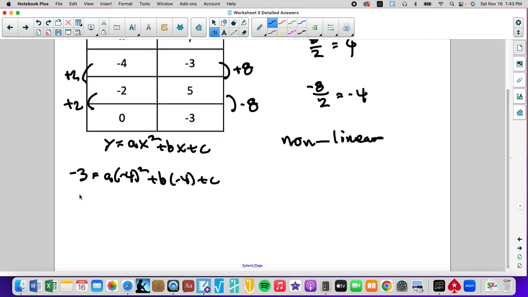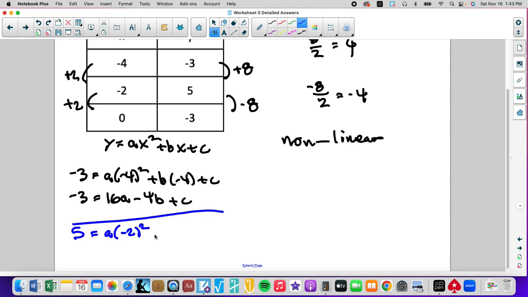And that gives us -3 equals 16a minus 4b plus c. Let's do the next equation. That is going to give us 5 equals a times -2 squared plus b times -2 plus c, which simplifies to 5 equals 4a minus 2b plus c.